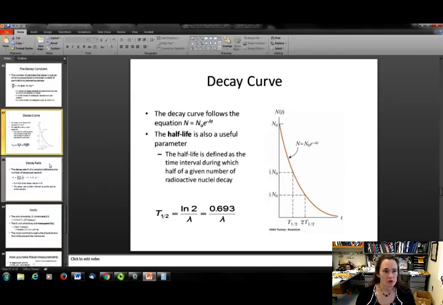Now, it's not easy to measure the number of nuclei in a sample, but it is easy to have a Geiger counter there and measure the number of counts, the amount of radiation coming off the sample. That's pretty easy to measure.